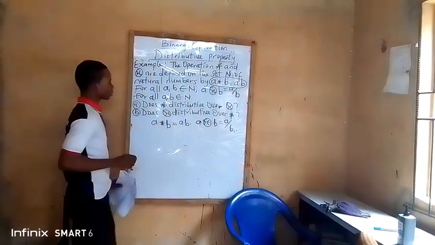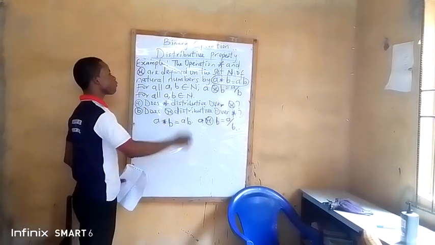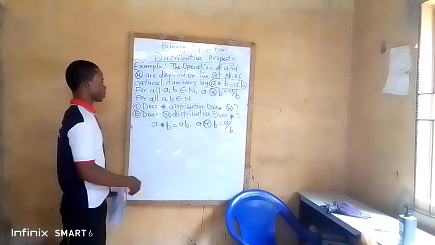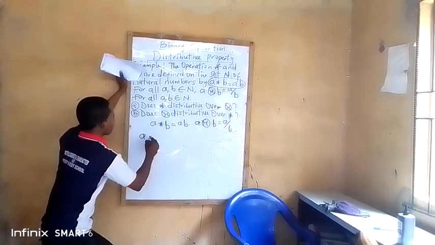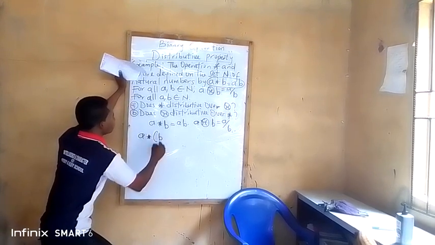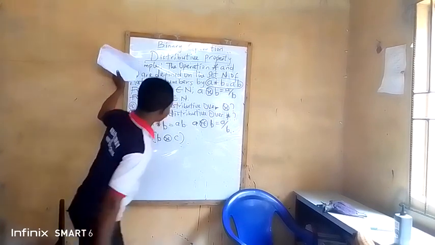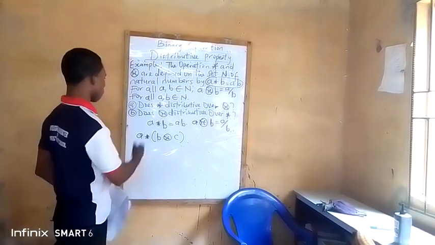Does asterisk distribute over circle? That means you are going to write something like a asterisk (b circle c). We want to know whether it is distributive over this.